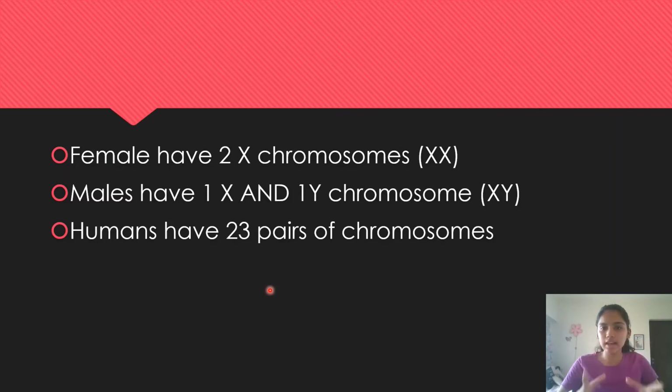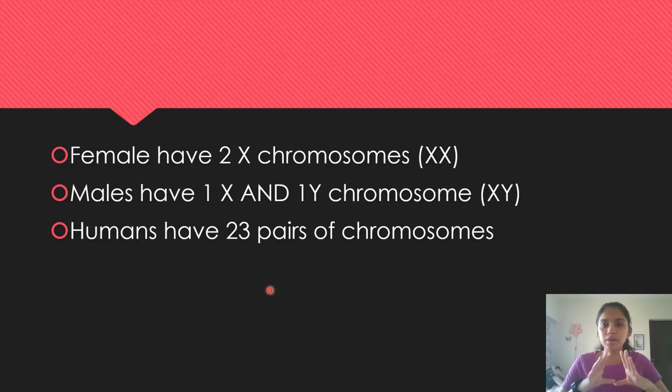So if a scientist takes out these 23 pairs of chromosomes from your body cell and arranges them according to their different lengths and sizes and what they code for, the result of this arrangement is called a karyotype. You do not need to know this. It's not really there in any paper definition, but this is just a technical term that you could use.